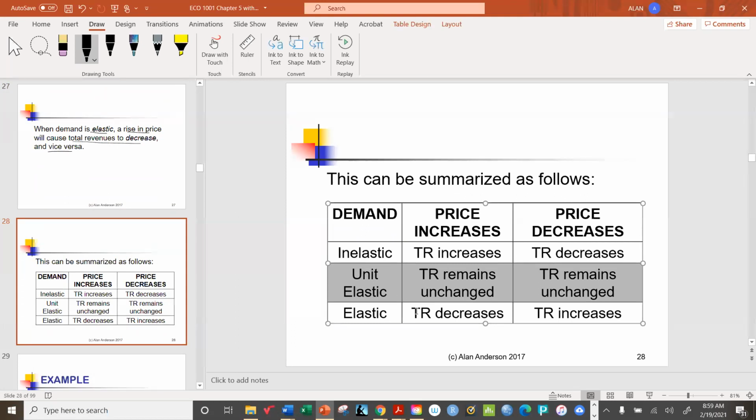And then with the elastic case, raising the price would be a terrible mistake because you'll drive away a lot of customers and your total revenue will drop. Whereas down here, it's the other way around. This is exactly when you want to cut the price. You want to put things on sale when their elasticity is high because people will buy a lot more of the product.